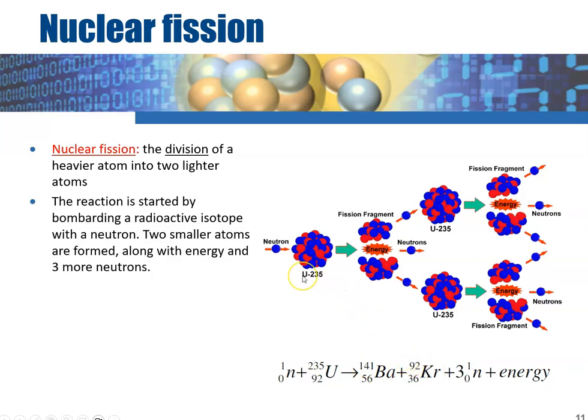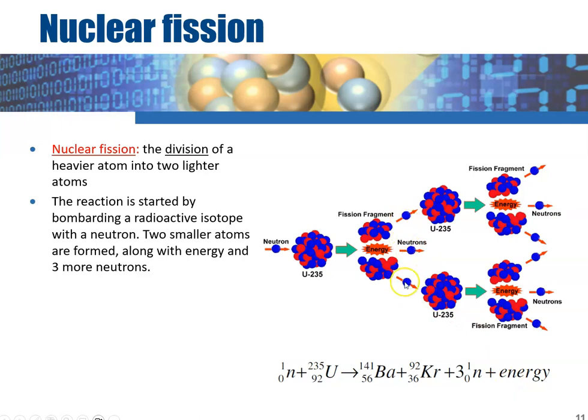So how do we do this in real life? We start the reaction by taking a neutron and bombarding the uranium-235 with the neutron. So we strike the isotope with the neutron, and that is going to create my two smaller fragments, which I don't really care so much about, but they are going to release energy and 3 more neutrons.